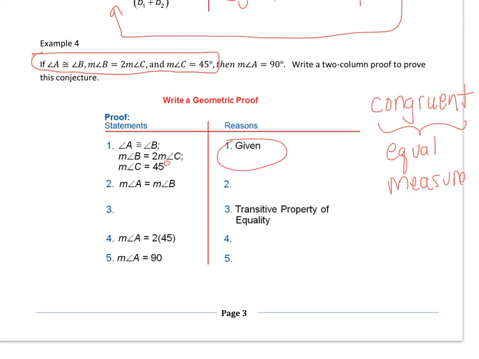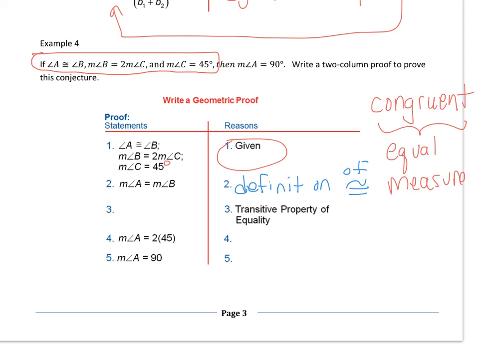And so the reason we would give for that is the definition of congruency, that their measures are equal. I am going to abbreviate because it's small.